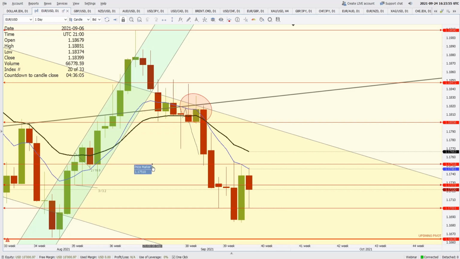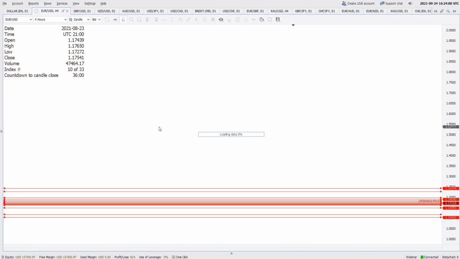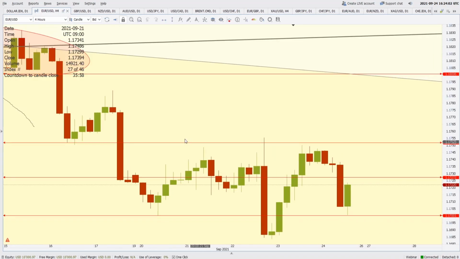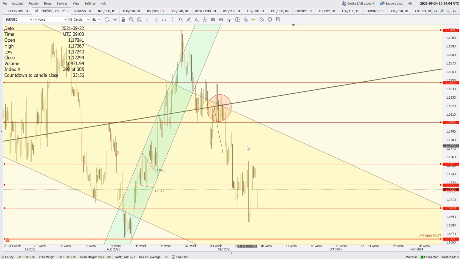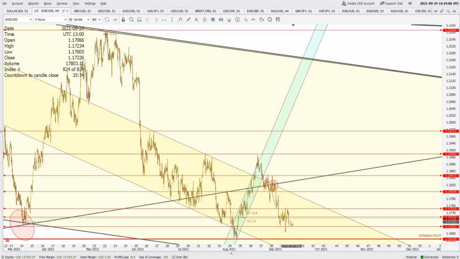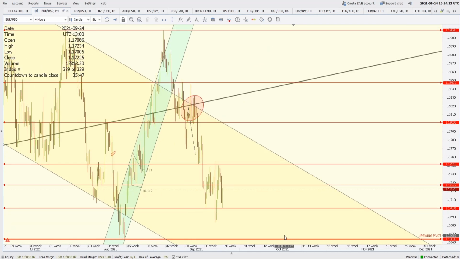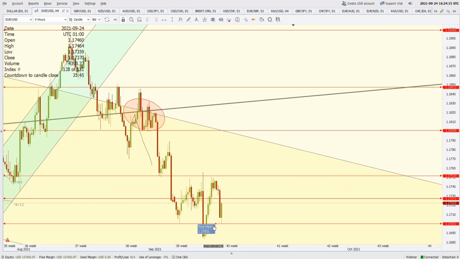So after some consolidation, I expect the price to consolidate here for some days, and if it consolidates here and then starts going downwards, then that can be our opening for a test of 1.1663. Although 1.1700 has been acting as a good support here on 20th of September also, and today also it is acting as a support. So there is also a possibility of a break of a head and shoulder pattern here.